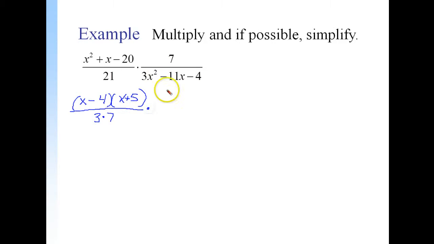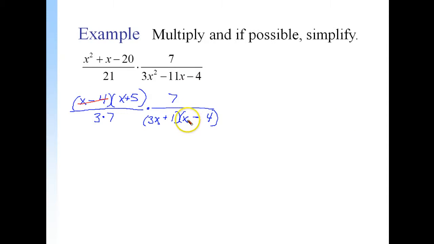Okay, so there's my 7. Now this one's a little bit of a challenge, but they're not too hard. Since this is prime, we know it's going to be 3x. And we need an 11 in the middle, so this is going to be a 4 and a 1 here. And this needs to be minus, and this needs to be plus. And we FOIL it to check. Okay, it looks good.